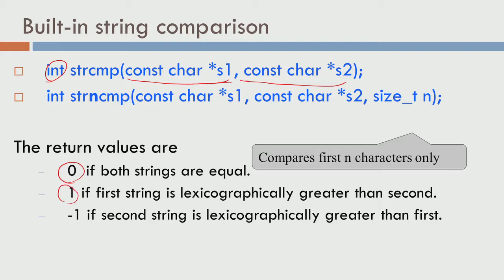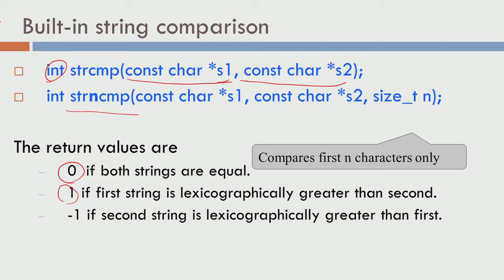You get 1 if the first string is lexicographically greater than the second string, which means in the dictionary, if the word pointed to by S1 will come later than S2, then you will get 1. You will get -1 as the return from strcmp if S1 will be in the dictionary order before S2. So, you get 3 values 0, 1 and -1 depending on whether a equals b, whether a is greater than b or whether a is less than b.